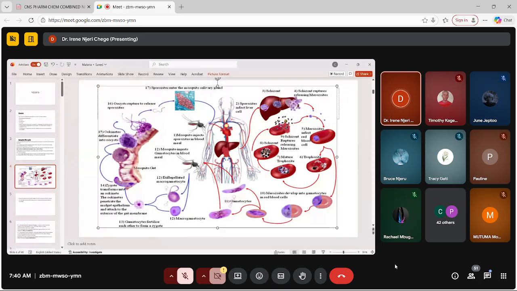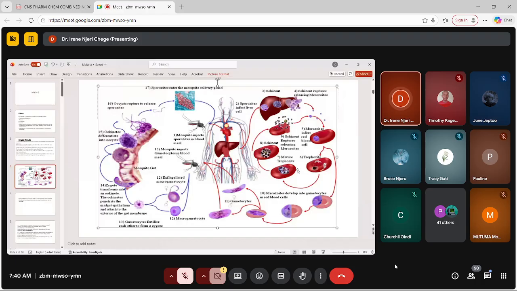And only P. falciparum has more than one ring form when you look in the microscope. Then we have this late trophozoite, number 7, the late or mature trophozoites. Then they become schizonts. The schizonts can then become merozoites.